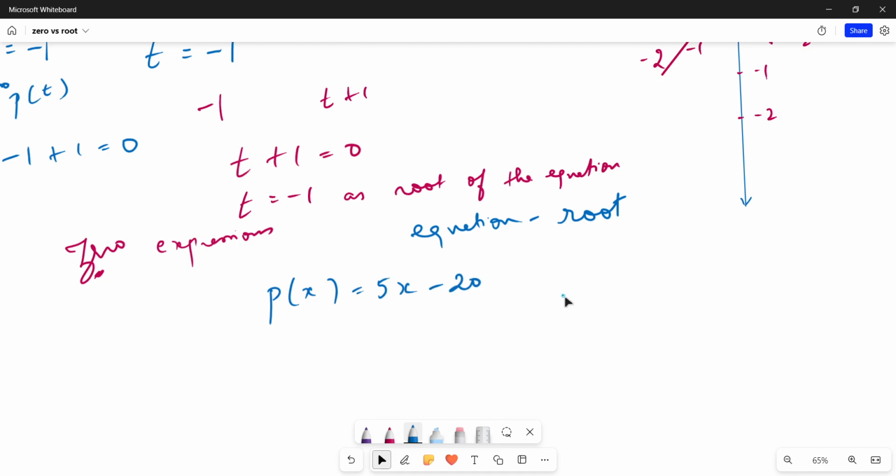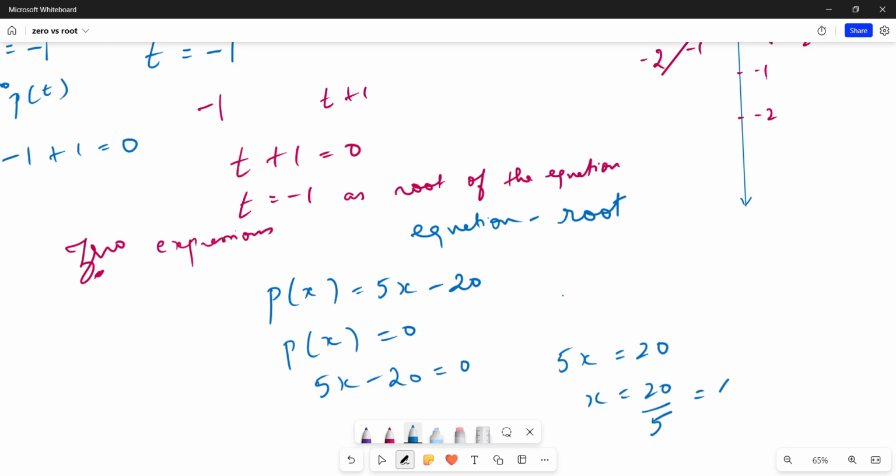For finding a zero, it is the same as solving this equation, isn't it? Finding the zero of 5x minus 20 is the same as solving the equation p of x is equal to 0, which is 5x minus 20 is equal to 0, right? So 5x is equal to 20. x is equal to 20 by 5, or 4.